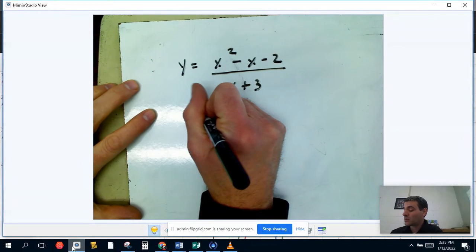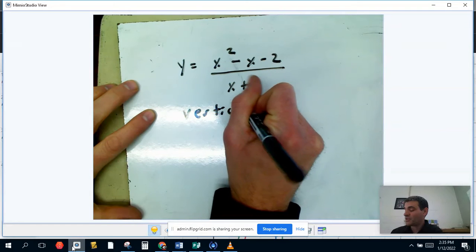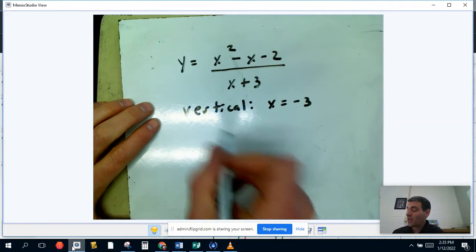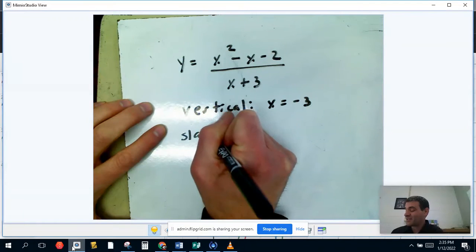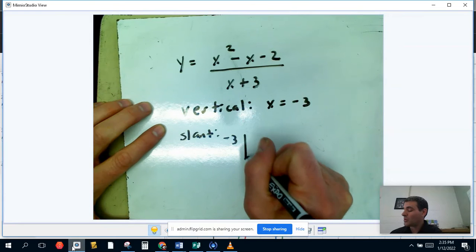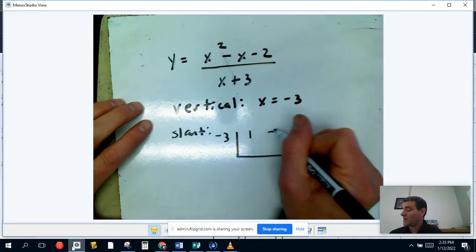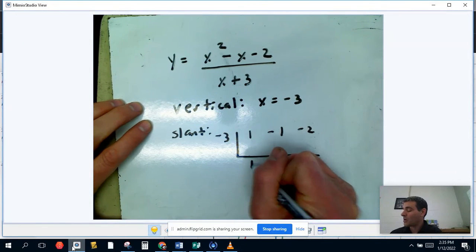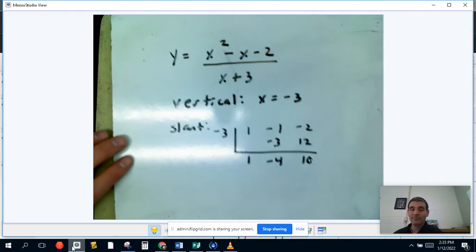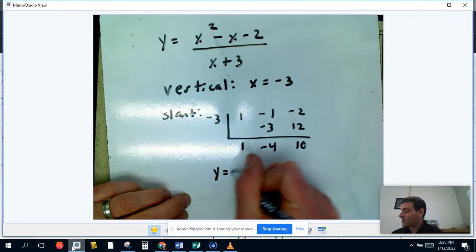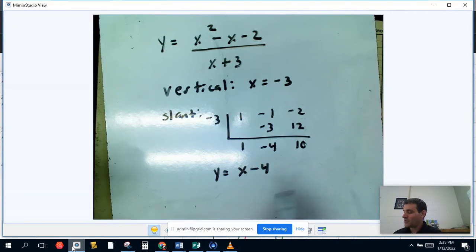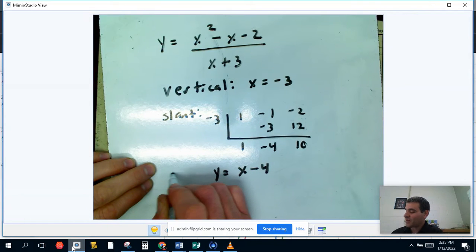So the vertical asymptote, just from before, is x equals -3. So the bottom equals 0 after you've canceled. The slant, since our top degree is 1 more than the bottom degree, I'm going to do synthetic division. Okay. So my slant asymptote is y equals x minus 4. Remember, we'll ignore my remainder here when I do that. So that's my slant.